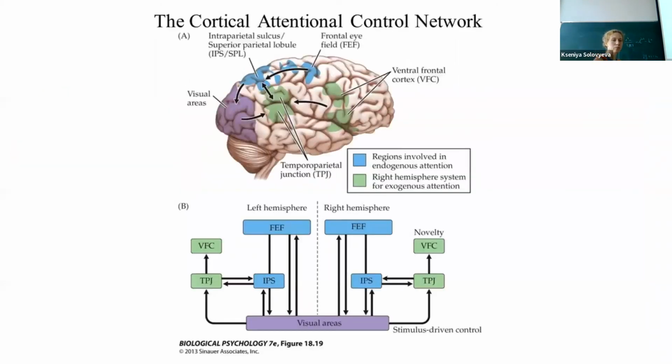And then after years of evolution, we have some other parts, for example, in neocortex, and they are connected with our movement and with our vision, and in every field, like the frontal eye field, there is a retinotopic map.